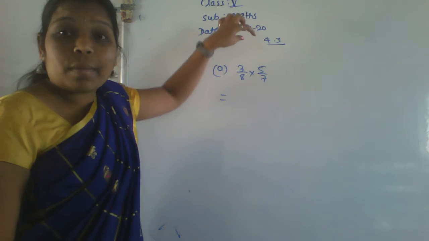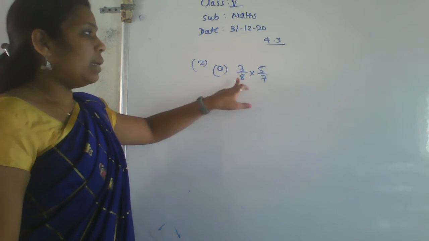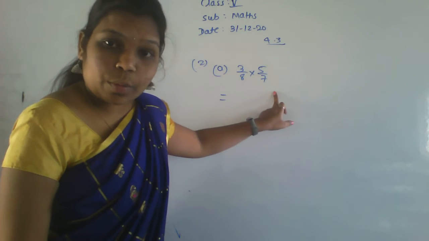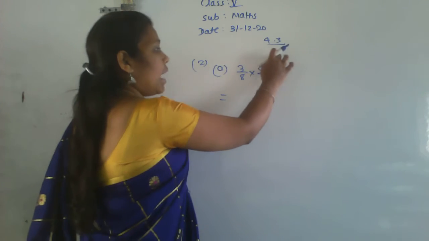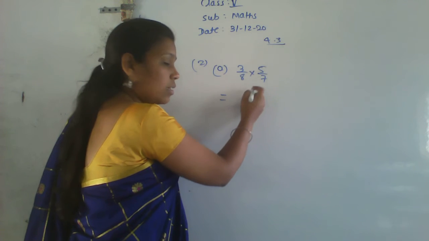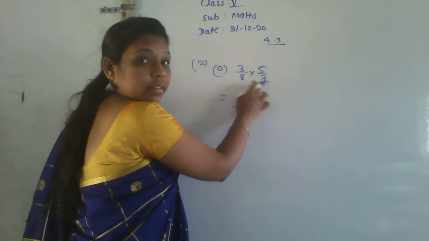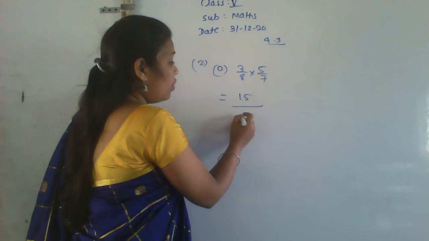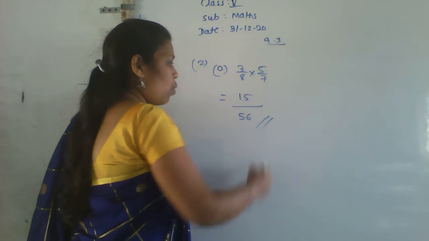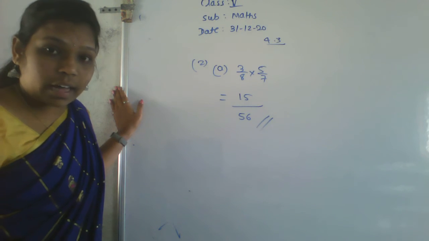We have to multiply the numerator and numerator, and after that multiply denominator and denominator. So here multiply numerator and numerator: 3 into 5 is 15, and 8 into 7 is 56. So what is the answer? 15 by 56 is the answer.